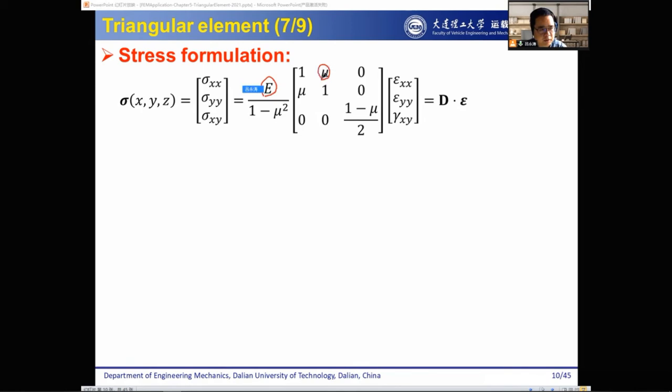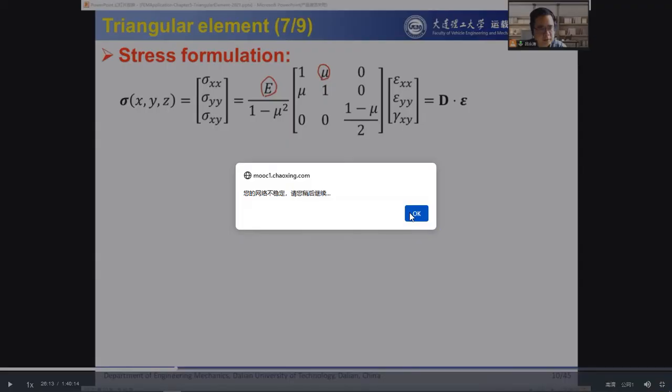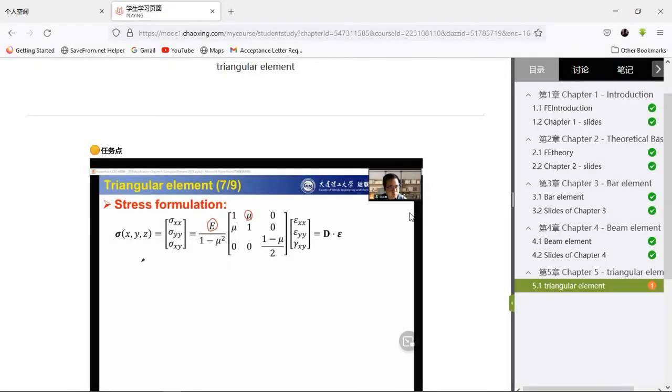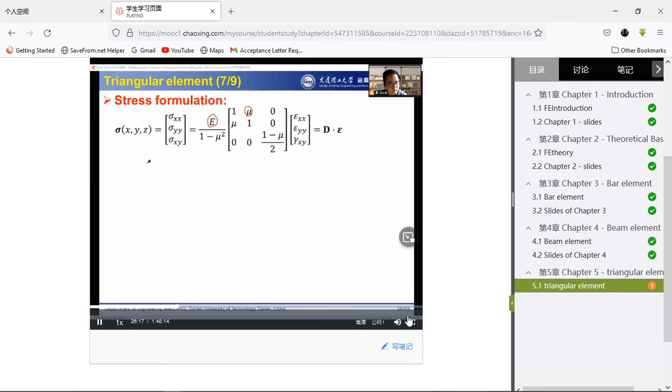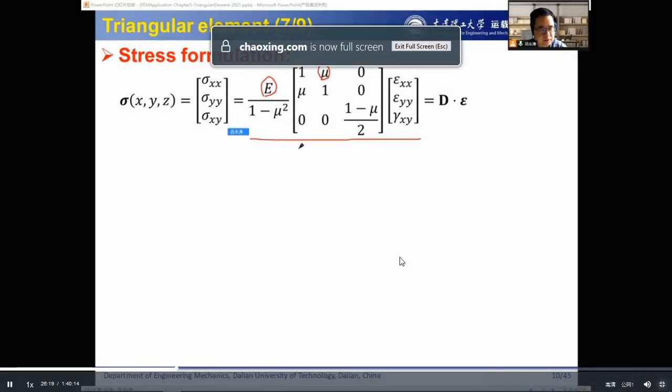We made 5 assumptions at the beginning of the lecture, so we use linear elastic, isotropic, continuum material. Based on those assumptions, we can write the stress formulation in this expression.